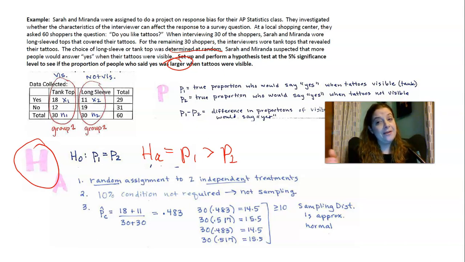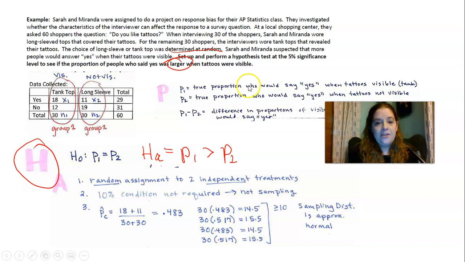We know we have the random assignment, so we're just going to pretend these are volunteers and go from there. What you want to look for in a case of sampling is two distinct populations, like the shoppers at the mall and the shoppers at the food court, or the shoppers in Avon versus the shoppers in Brownsburg. You have two groups and you pick from the two groups. These all came from the same group of shoppers. We had one group, and then we decided what subgroups, what treatments, to put them in. Okay.